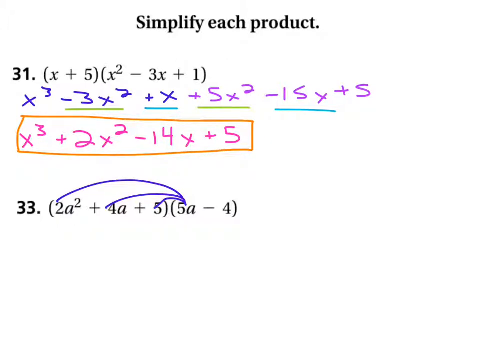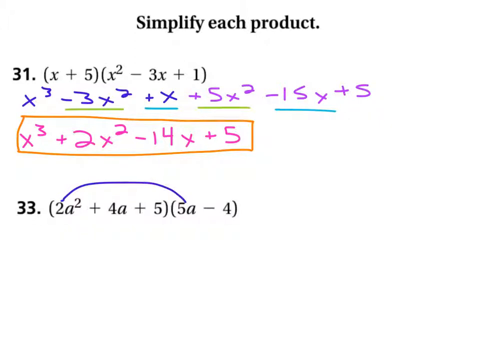That's the same as if we started with the 2a squared. Let's do it that way, just so you can see that this is legitimate too. And it's actually sometimes easier to start with the one that's smaller.